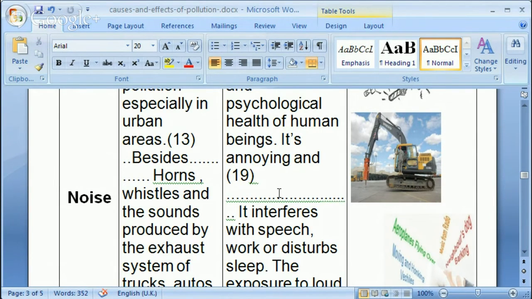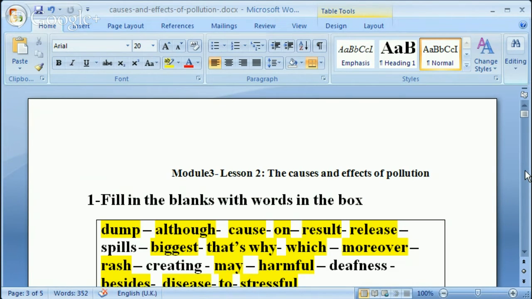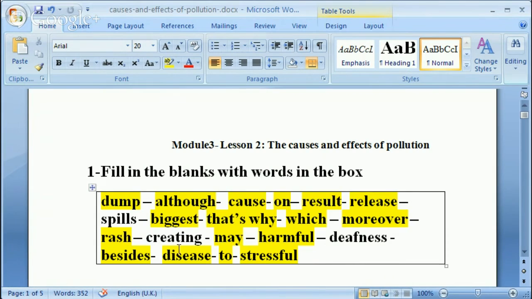The only possible answer is another verb in the present continuous tense. It's annoying and creating what? Which doesn't make a lot of sense here. Hang on. Does the sentence continue? Let's take another look. Oops, too far, too far.